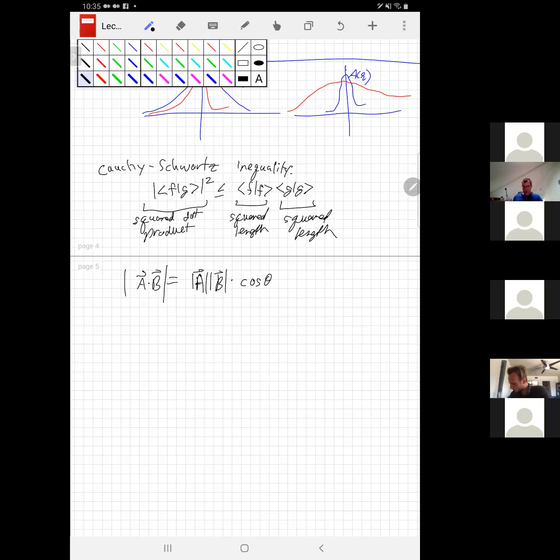And if I take the absolute value of that, we get the absolute value of cosine theta there, which is between 0 and 1. So it looks to me like the Cauchy-Schwarz inequality is basically just taking a fact of dot products and generalizing it to higher dimensional vector spaces.